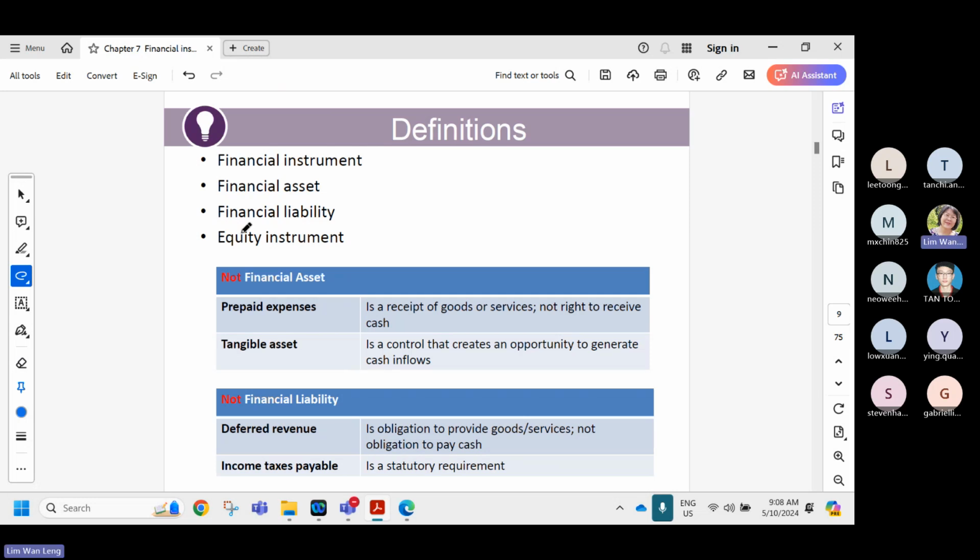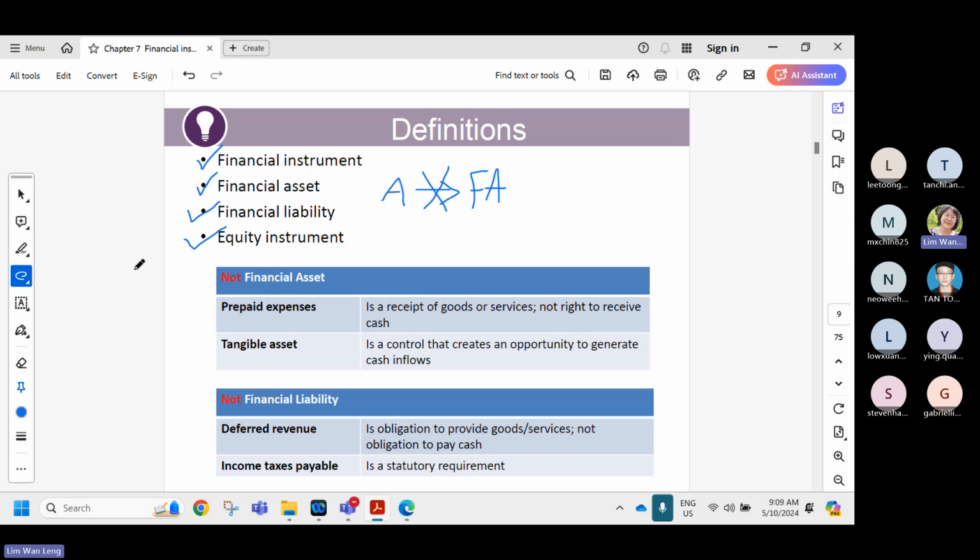Since we have seen the definition of financial instrument, what constitutes financial liabilities, including the examples, and the same goes for the equity instrument, now we want to have a look at this slide, which says that not all assets are financial assets.